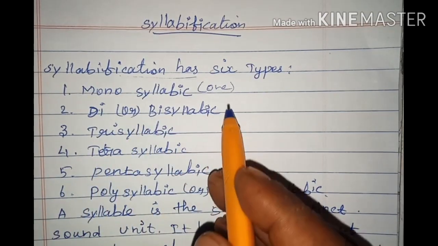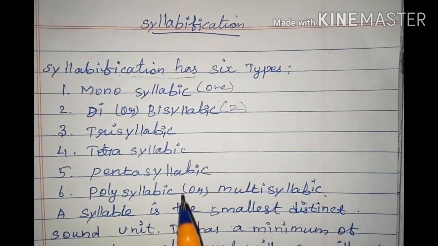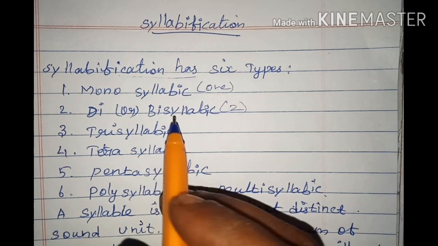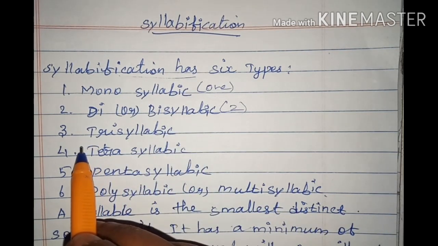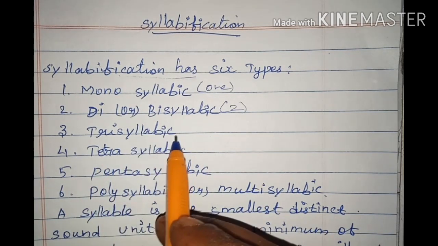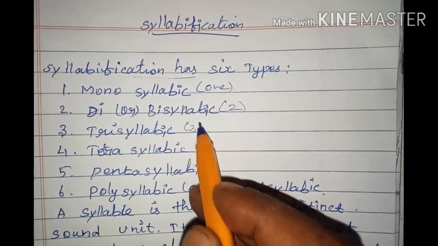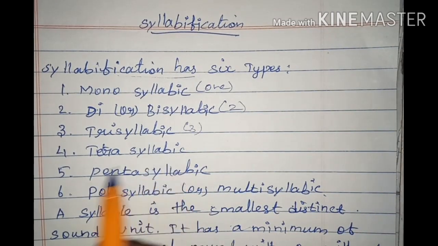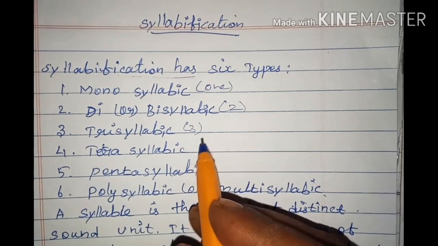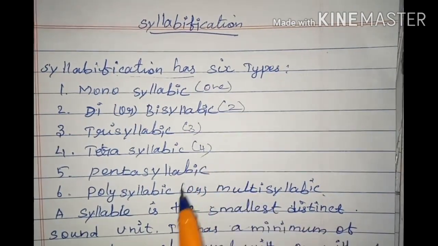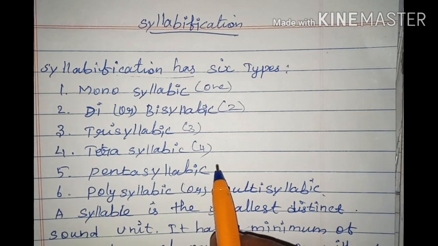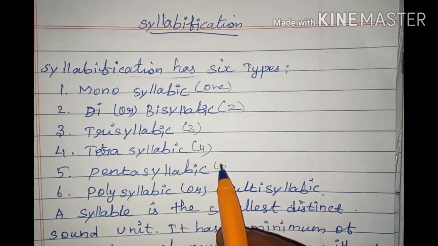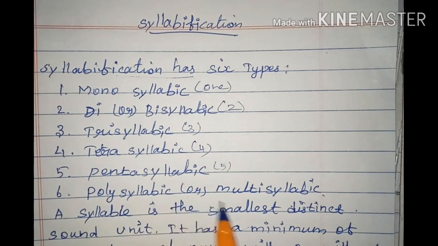Di or bisyllabic is a two syllable word. Third, trisyllabic: tri means a three syllable word. Tetrasyllabic: tetra means a four syllable word. Then pentasyllabic is a five syllable word. Then polysyllabic or multisyllabic is above five syllables.